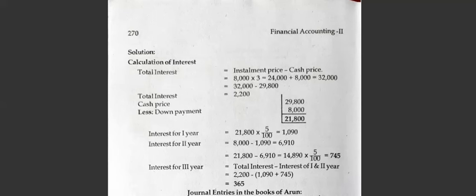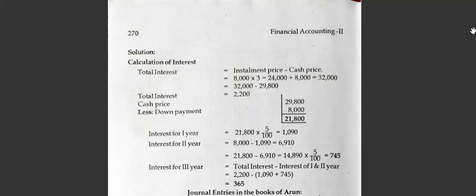They are, first, when all the information is given, when the cash price, installment price and rate of interest are given. So in this problem, if you read, they have given all the information, that is installment price, cash price and the interest rate.